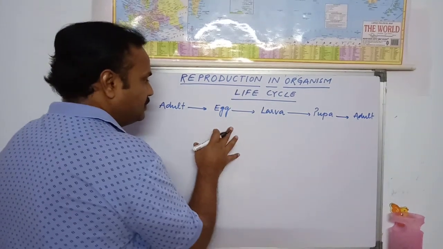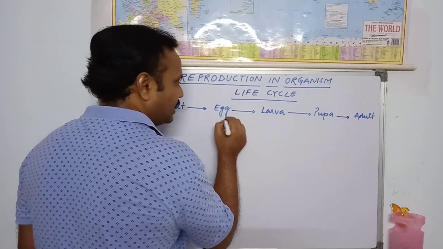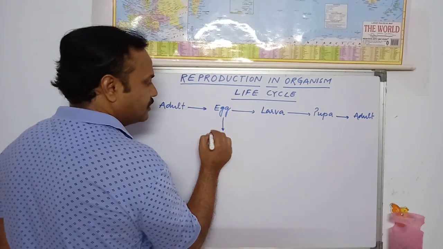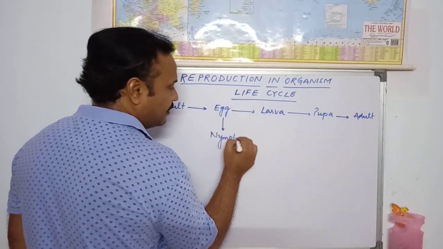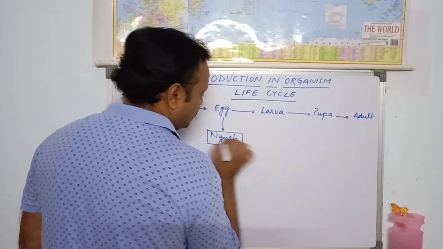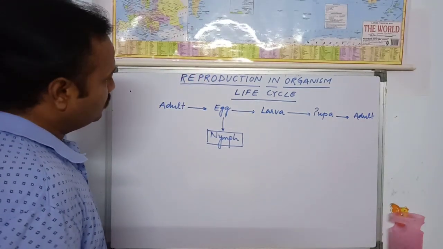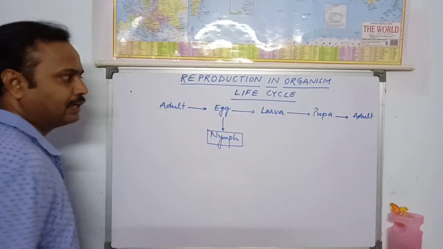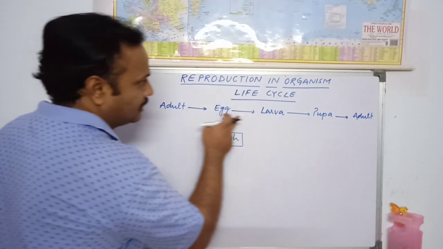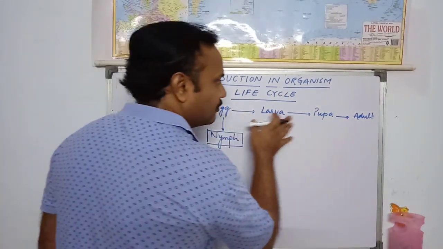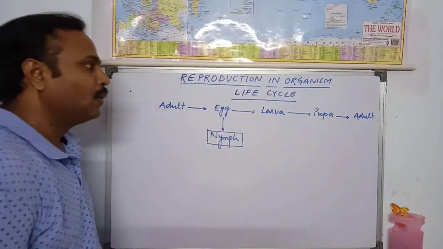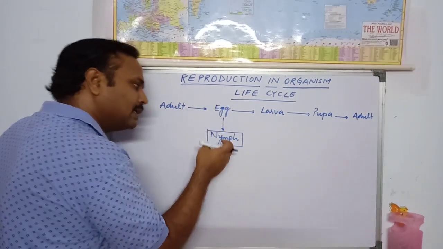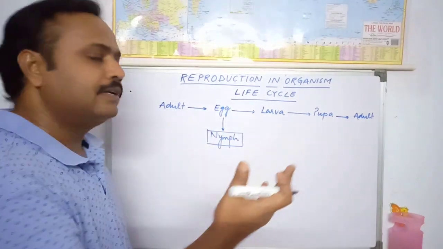But in some cases, the egg hatches out and gives the nymph. So there are two different kinds of organisms. One which follows this link: adult, then egg, then larva, then pupa, then adult. While the other kind of organism gives the adult, then eggs will hatch out and give the nymph.